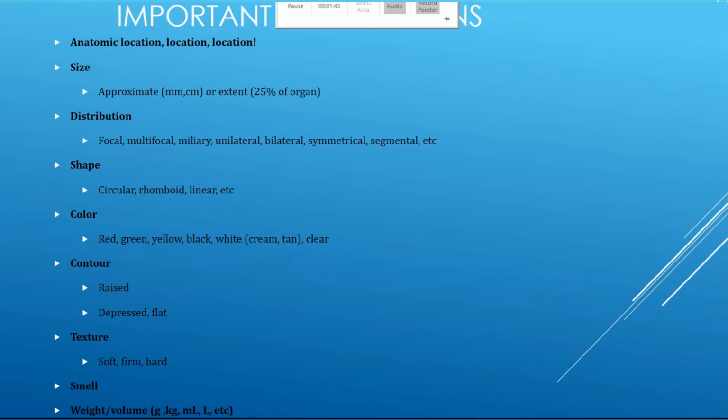Another thing that you want to include in your descriptions is size, something called distribution, which again we will go over in a later presentation, shape, color, contour, texture, smell. Yes, smell, believe it or not. There are some diseases that have very unique smells to them. And then lastly, weight and volume.